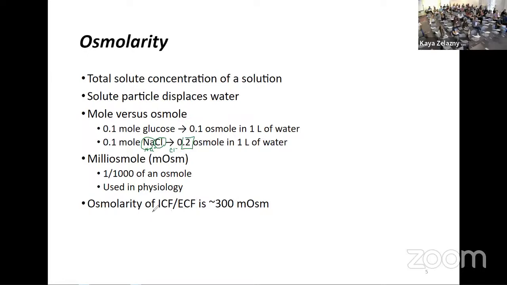So the typical osmolarity of the intracellular fluid and the extracellular fluid, just so you know, is 300 milliosmoles. Just like I said, our normal typical cell, its resting membrane potential is -70 millivolts. We have a typical number we expect in our intracellular fluid and extracellular fluid. A typical number that we compare stuff to is 300.